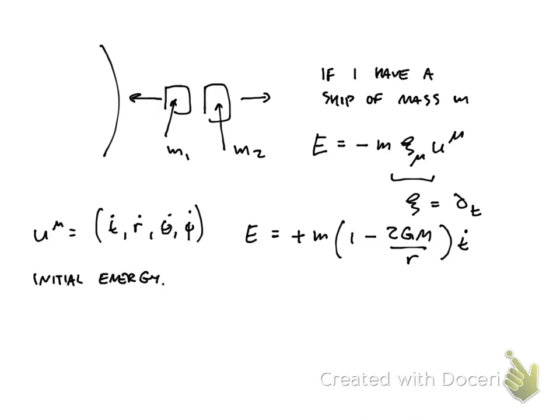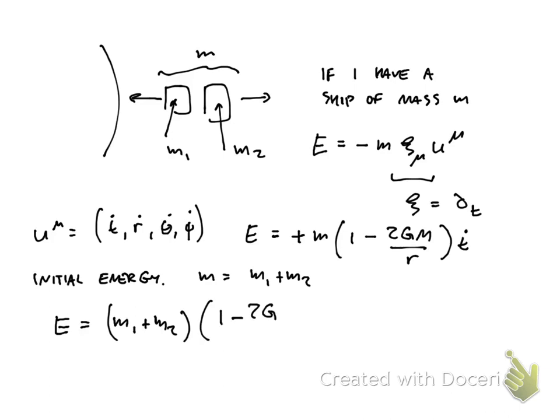Okay. So the initial energy is the energy of the ship as a whole. In that case, m equals m1 plus m2. We're dealing with the total m here. And therefore, the initial energy is equal to (m1 plus m2) times (1 minus 2GM over r) times t dot.